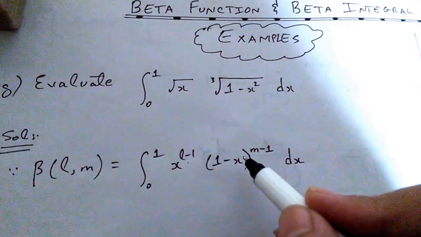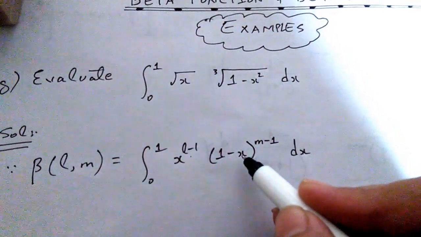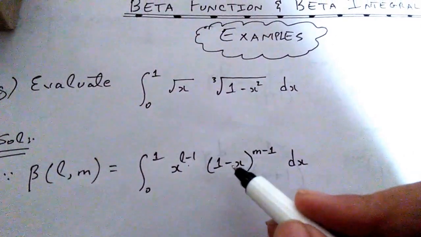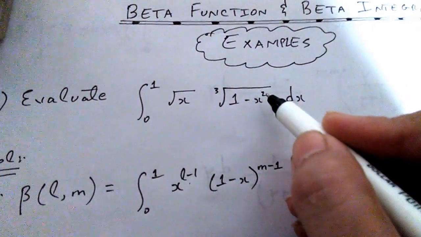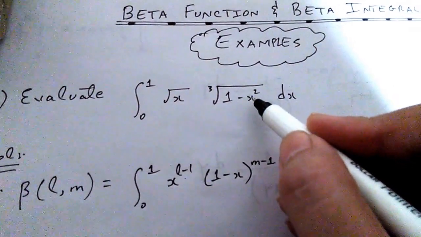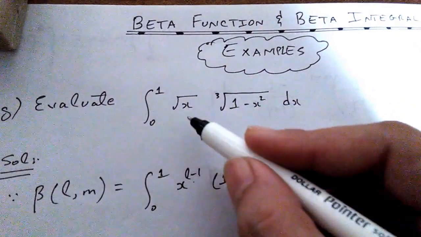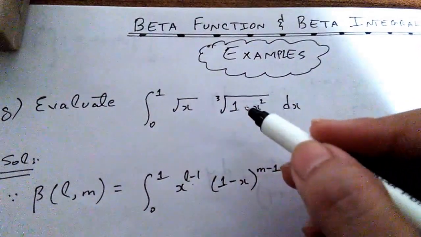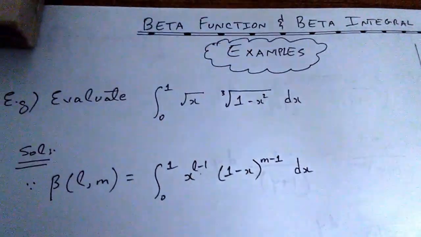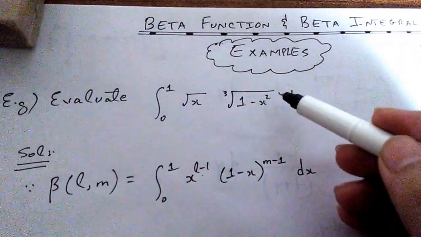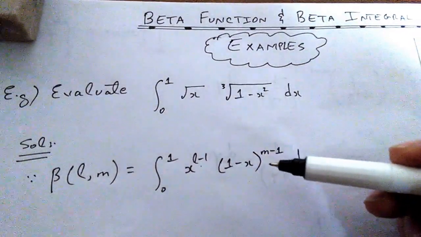Here we have power 1 on this x, which is getting subtracted from 1. Instead, in this question we have a square on this x, which is getting subtracted from 1. So it is not following the structure of the integrand present in the beta integral. We have to transform this integrand exactly into the format of the beta integral's integrand.